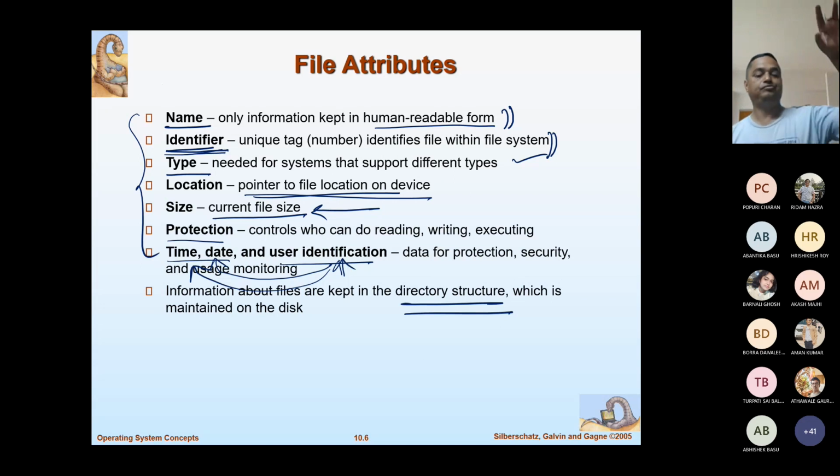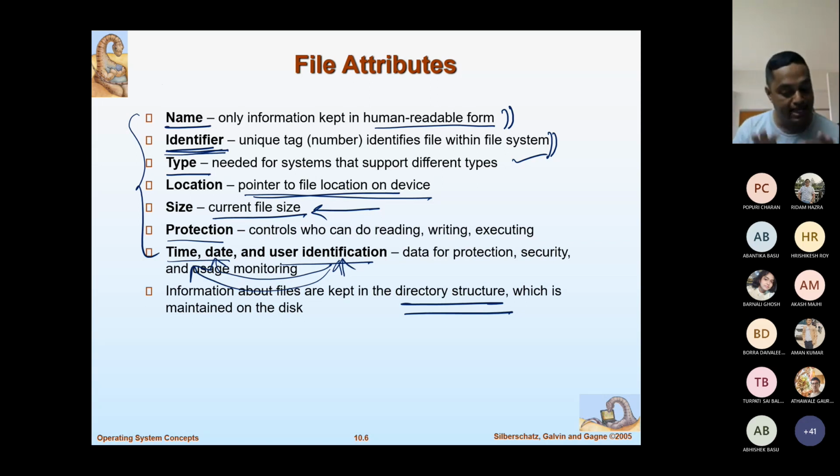If you open the operating system Galvin book, you will have a content page, and you want to reach the virtual memory topic. So what do you need to do? You have to check the content page and see where virtual memory exists. You will see that the virtual memory topic is on page number 220. So to read that topic from the Galvin book, you have to go to page number 220.